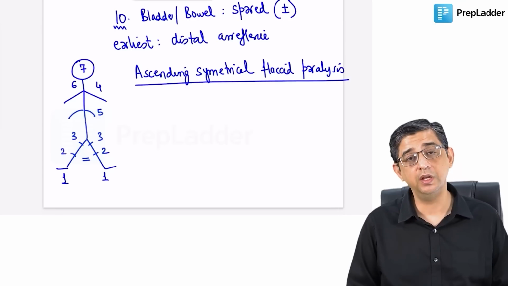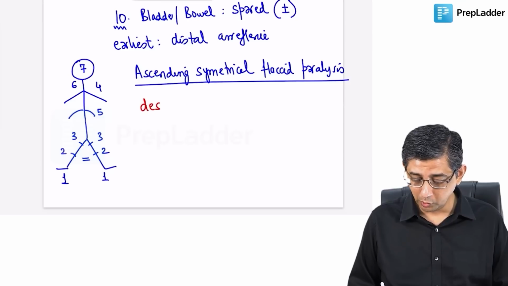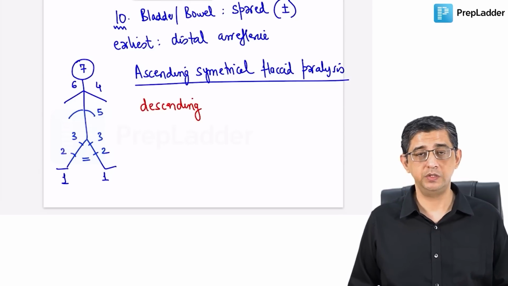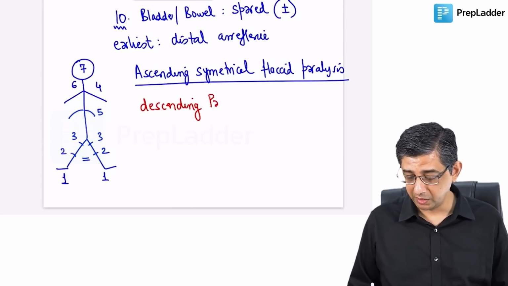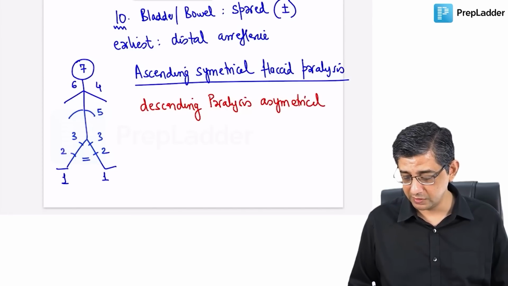Very characteristic. In contrast, I'll just use a different color to mention that when it comes to poliomyelitis, though poliomyelitis has been eradicated from India, it is still present in Pakistan and Afghanistan. So if you read about descending paralysis of asymmetric nature, then one of the differentials that always has to be kept in mind would be poliomyelitis.